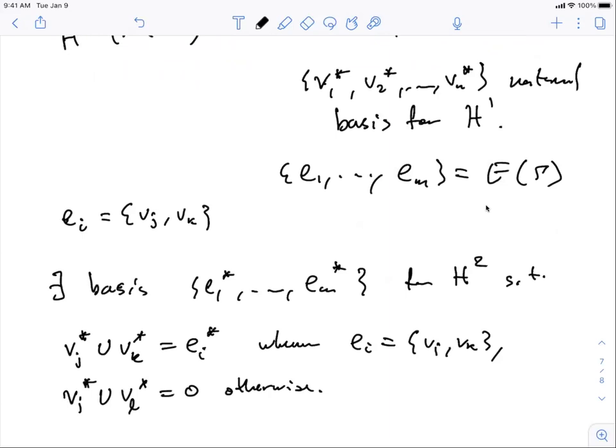To say this in simple English, you have generators of the first cohomology for vertices in the graph and generators of second cohomology for every edge, and two vertices cup to something non-trivial if and only if they are adjacent to each other in the graph, and the corresponding element of H upper 2 is the element corresponding to that edge.